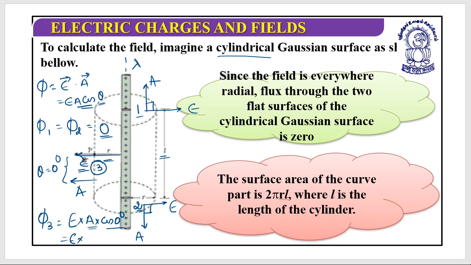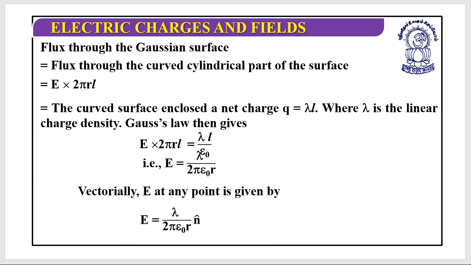The area of a cylinder, the curved part, is 2 pi R L. So this is E multiplied by 2 pi R multiplied by L. This is the flux. The total flux through the Gaussian surface is the flux through the curved cylindrical part, because the flux through the other two surfaces is already zero. So the total flux is E multiplied by 2 pi R L.